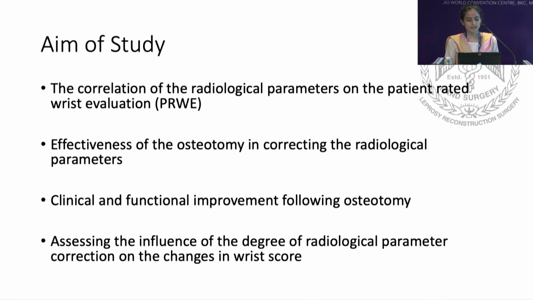So the aim of our study was the correlation of radiological parameters with patient-rated wrist evaluation, the effectiveness of the osteotomy in correcting the radiological parameters, the clinical and functional improvement following the osteotomy, and assessing the influence of degree of radiological parameters in correction on the risk scores.